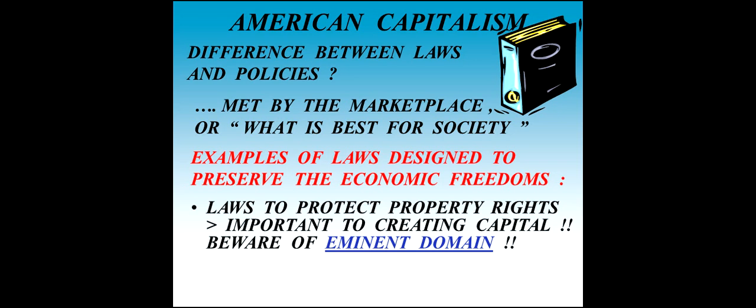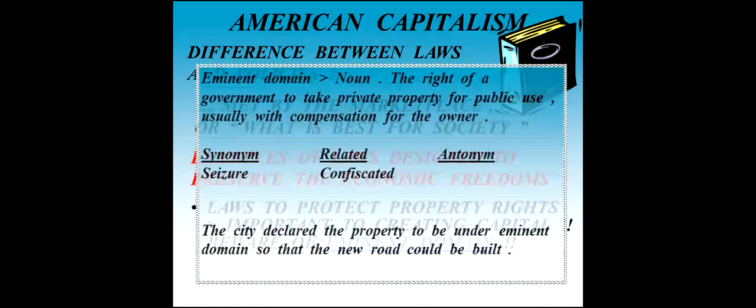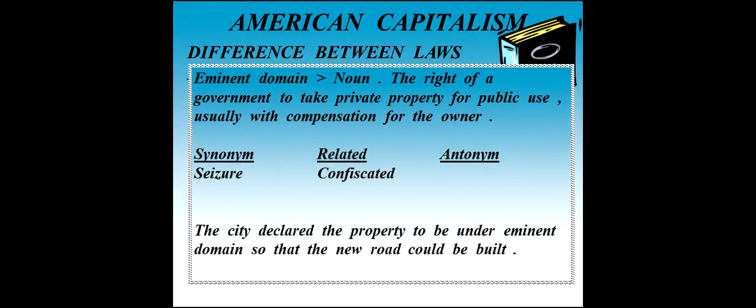If you're not familiar with the term eminent domain, let me give you a little background on that. It's the right of a government to actually take private property for public use. And this is usually done with compensation for the owner. Now, the United States Constitution provides for this directly.